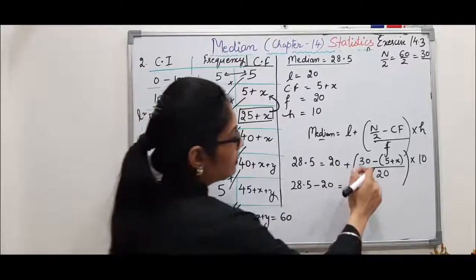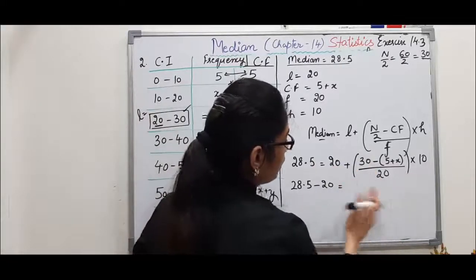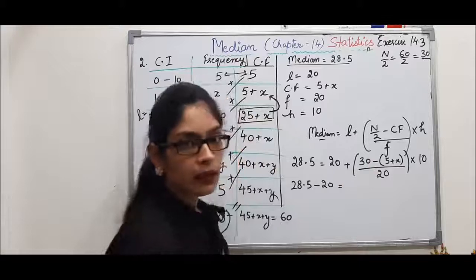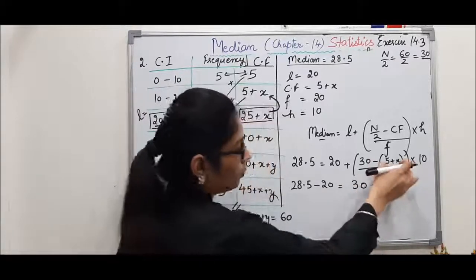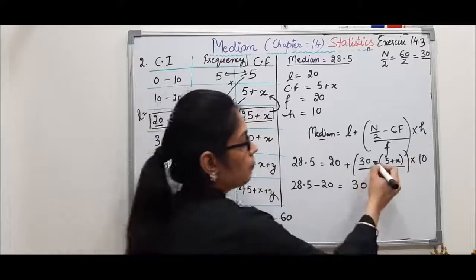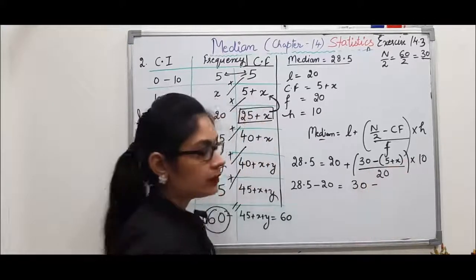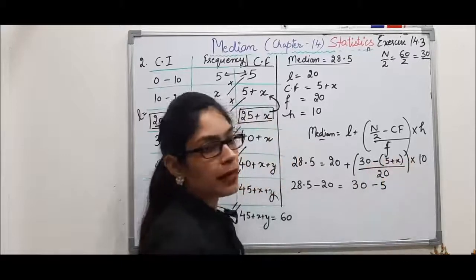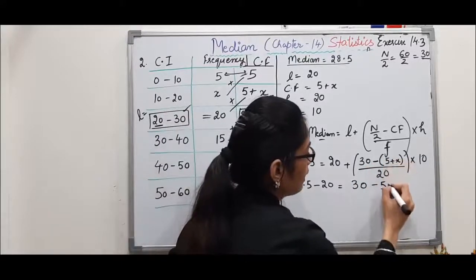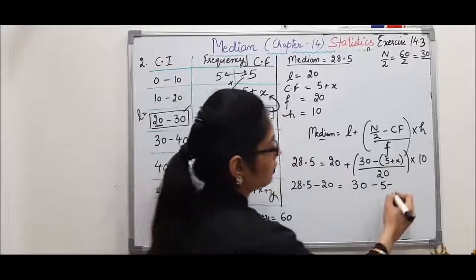So on that side, all the remaining terms we have to write, which is 30 minus, and we can open this bracket now. See, there is a minus sign outside the bracket. So 30 minus 5, minus plus is minus, so this plus sign will again be changed to minus.